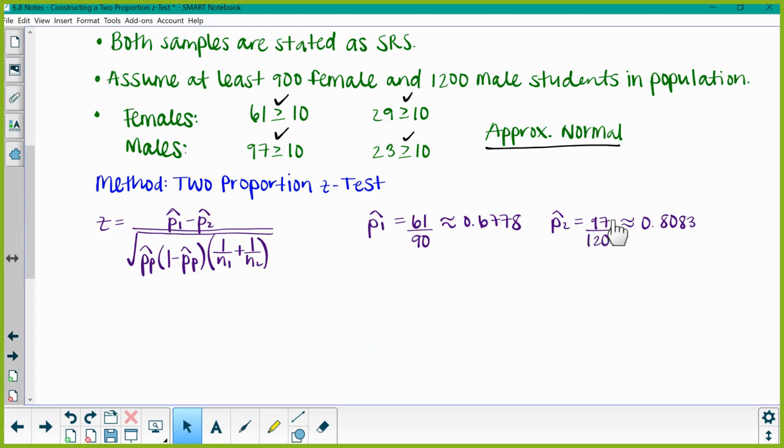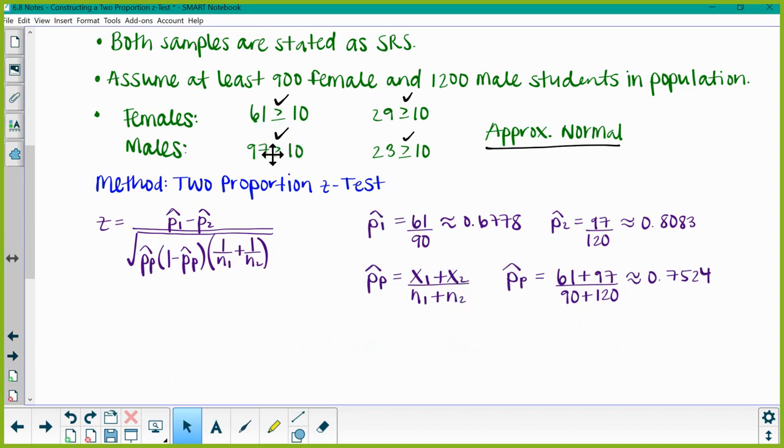P2 hat is 97 out of 120, which is approximately 0.8083. And then with my P pooled, what I do for that is I take my number of successes, which in our case was 61 and 97, and my sample size, which was 90 and 120, and I get approximately 0.7524.